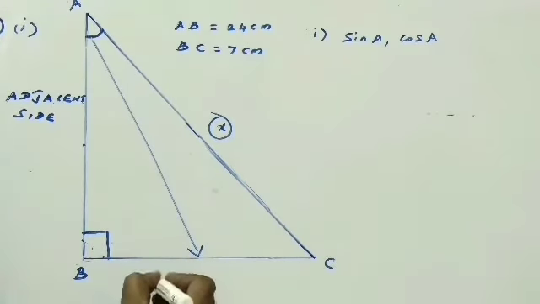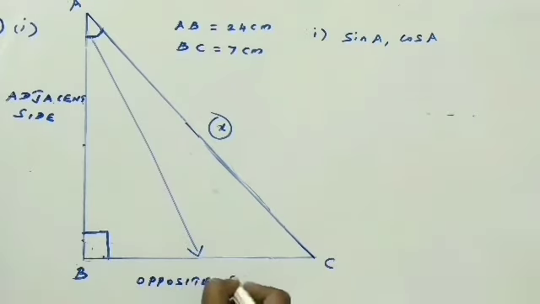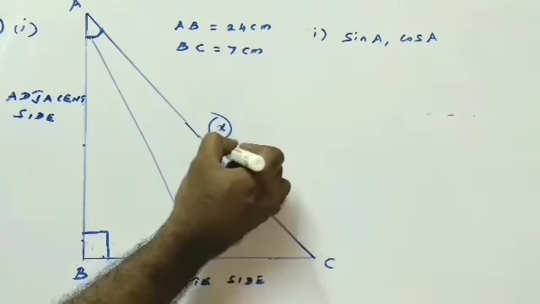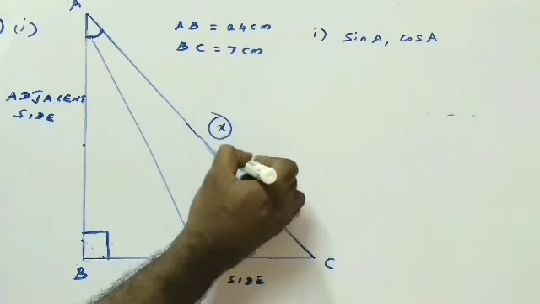This is called the opposite side. And the side which is slant in position, so AC is the slant position, so it is called the hypotenuse side.